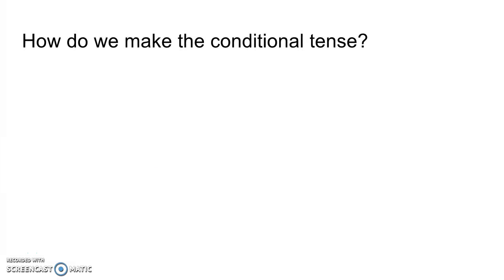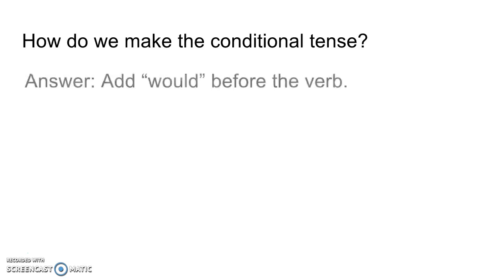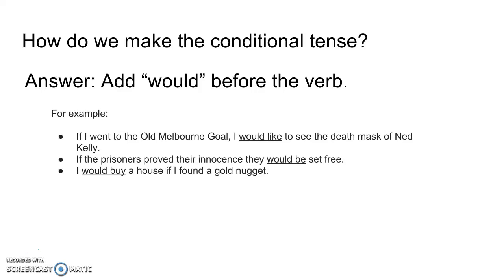After you do this, let's now talk about the conditional tense. So, how do we make the conditional tense? We add would before the verb. For example, if I went to the old Melbourne gaol, I would like to see the death mask of Ned Kelly. If the prisoners proved their innocence, they would be set free. I would buy a house if I found a gold nugget.